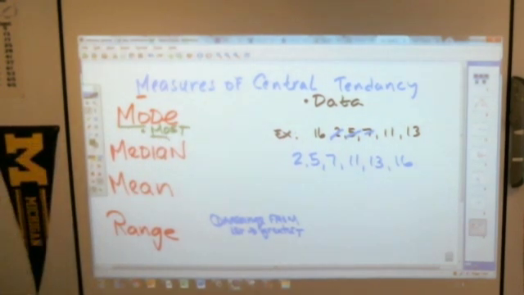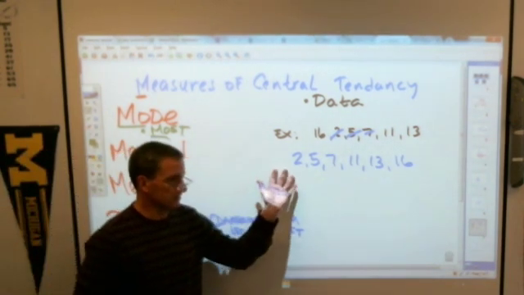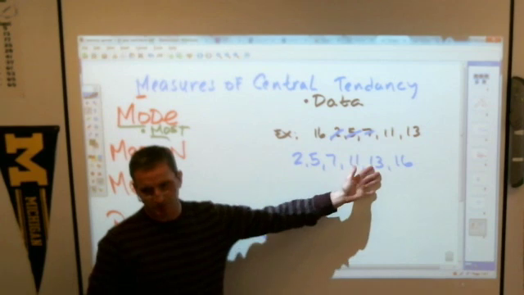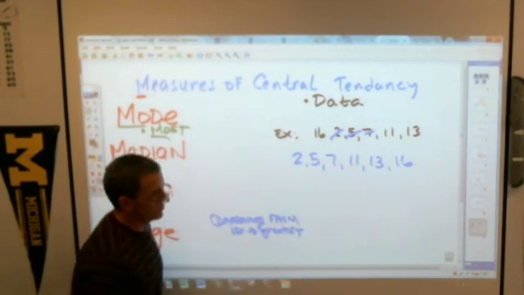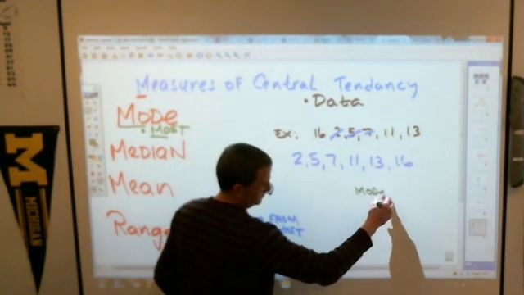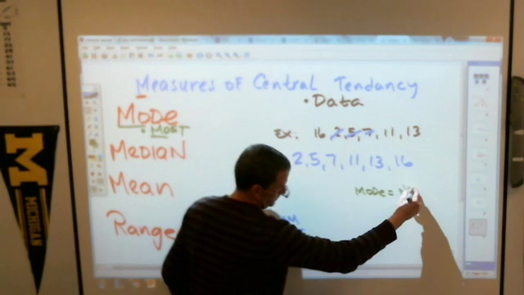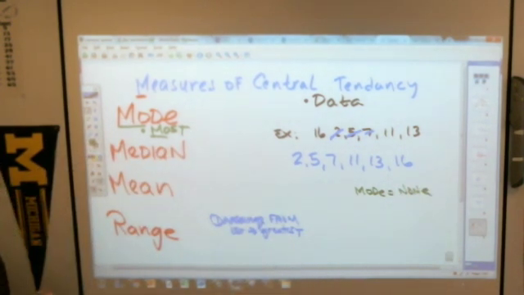Mode and most. So, if you are looking at this, and that's why I said this isn't the best example, what number appears the most? It doesn't have one that repeats. So in this case, the mode is none. It has no mode. If one number repeated twice, you'd write that number down. If a couple numbers repeated twice, you'd write both of them down. But we're not going to do that.